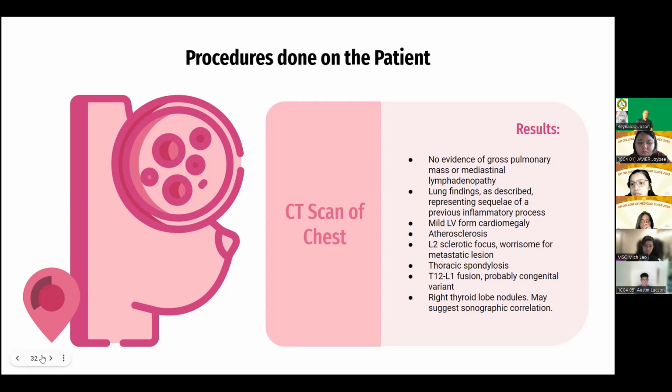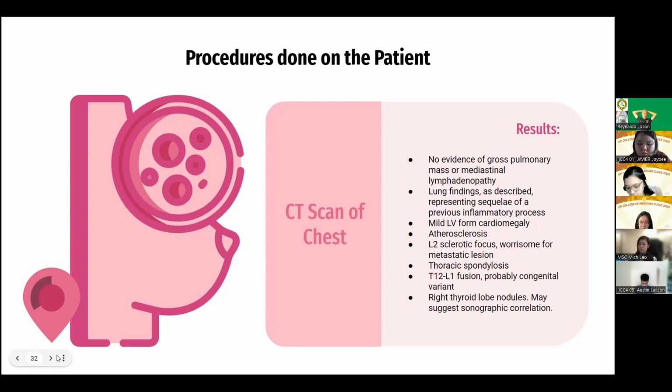So the patient has also undergone a CT scan of her chest, and as mentioned before, it's important for detection of metastasis. So here are the results. There is no evidence of gross pulmonary mass or mediastinal lymphadenopathies. Lung findings present evidence of a previous inflammatory process.